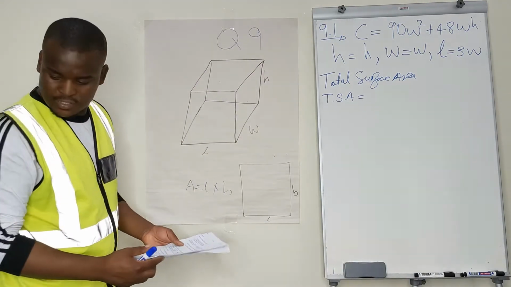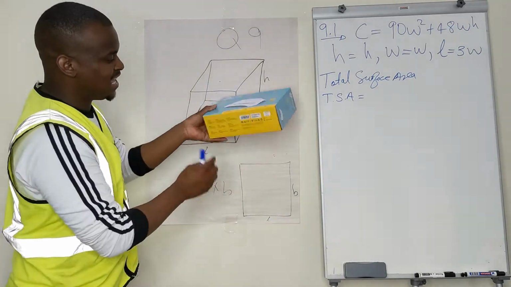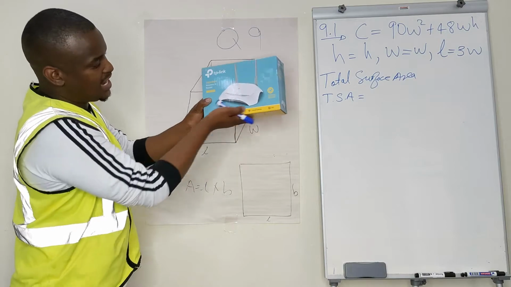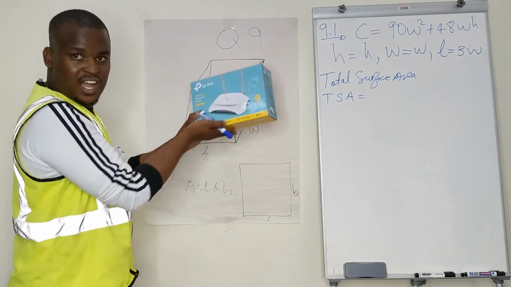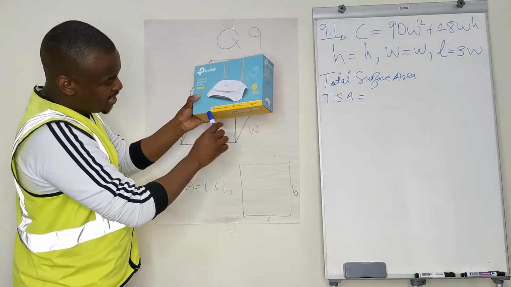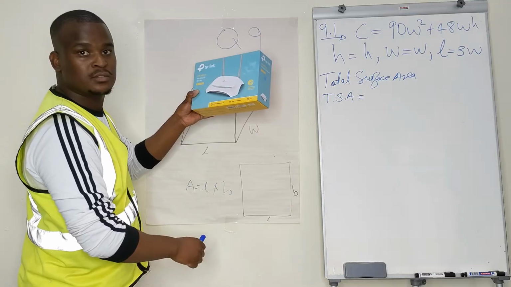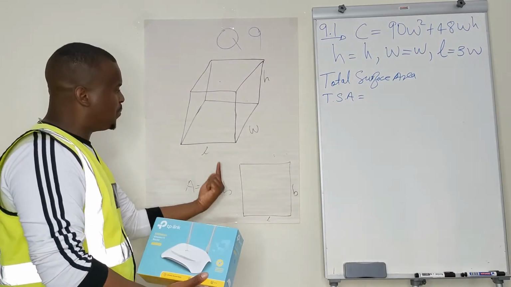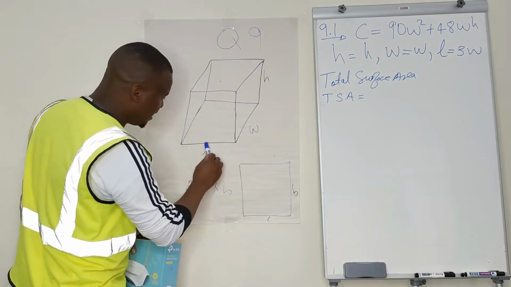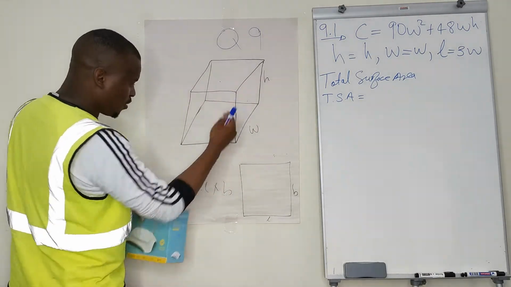If I want to calculate the area of the base, the underlying area, the bottom area, it will be the length of this box times the width of the box. If you're looking from below, it's going to be this times that.